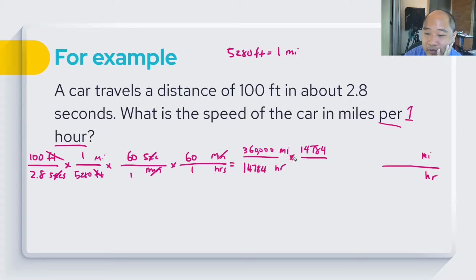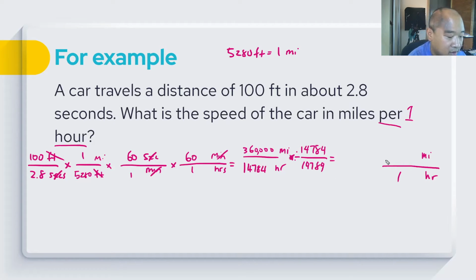Sorry, I meant to say divide here. Divide both by 14,784. Those are both 4s. Because dividing by 1 is the same thing as it being itself. If we divide both the top and the bottom by 14,784, then the bottom becomes 1.